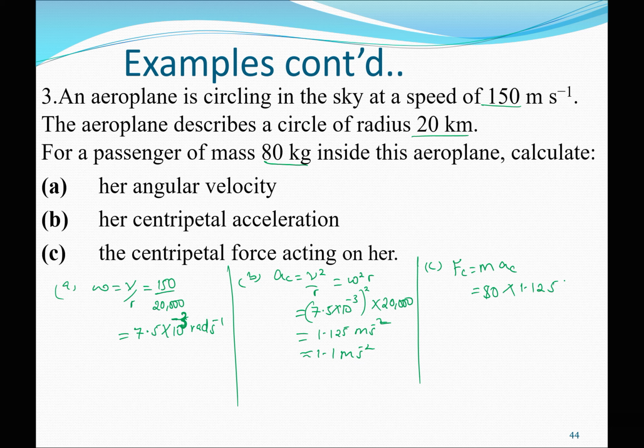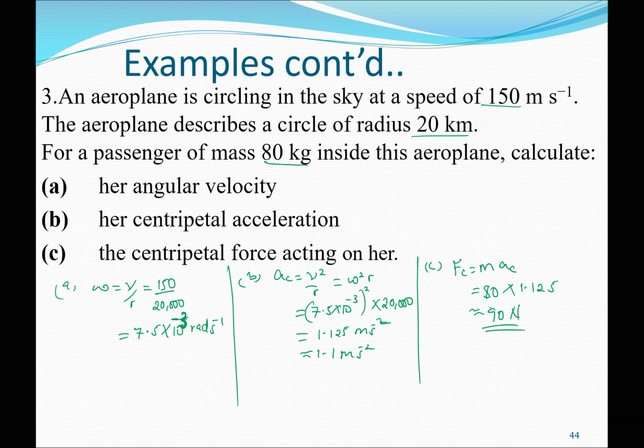1.125, so times 80. If I say 80 times 1.1, it is either 88 or approximately 90 newtons to one significant figure. I think it is supposed to be approximately 88.